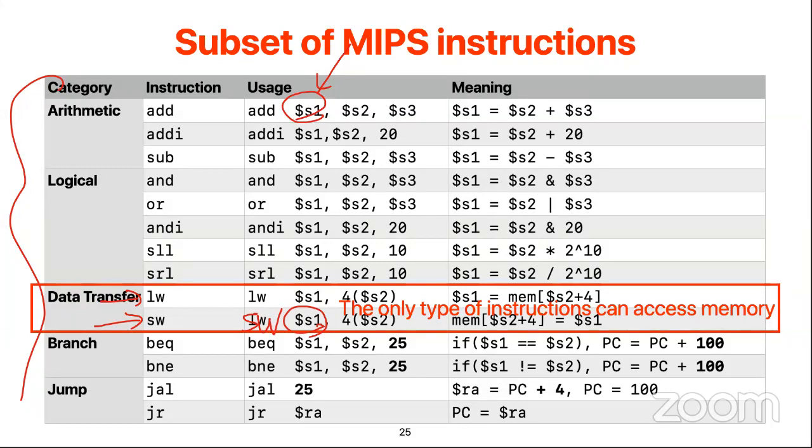So that's why this register is the source instead of the target. So that's the only instruction in the MIPS instruction set architecture where the first operand represents a source. So this is the overview of the most frequently used MIPS instructions.